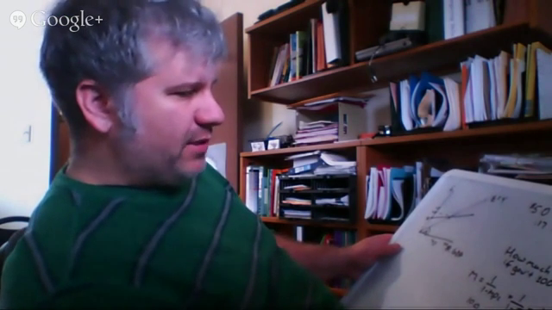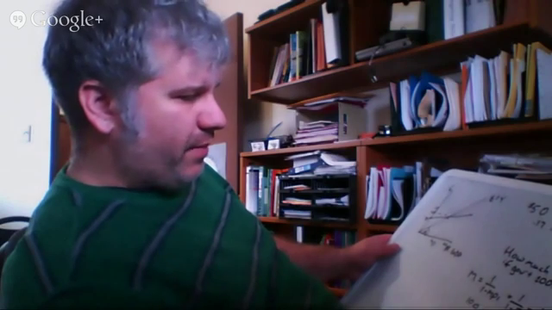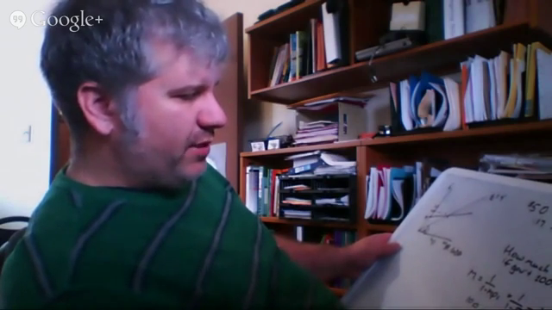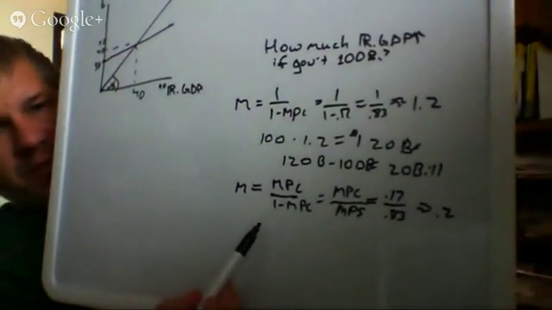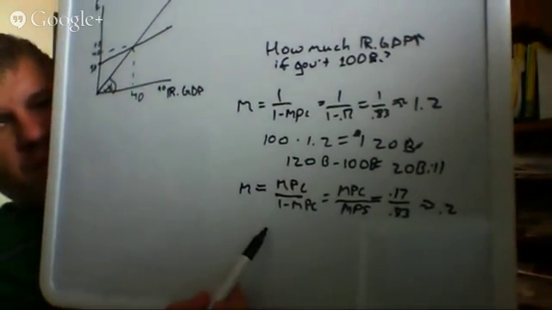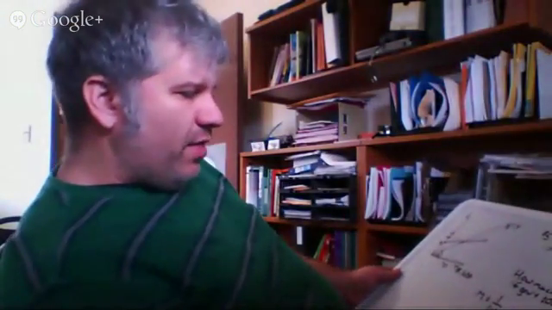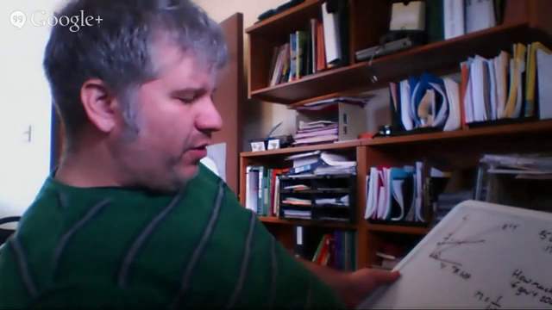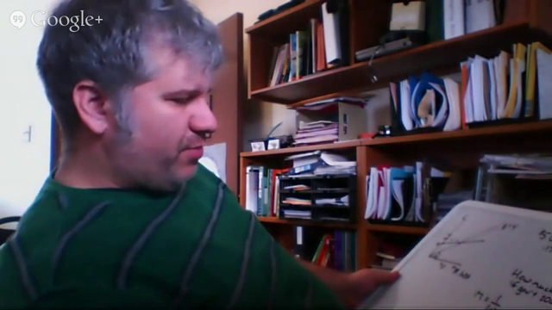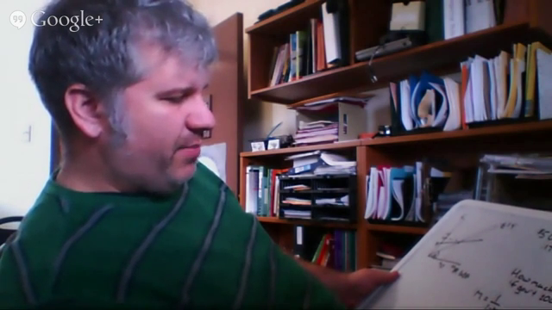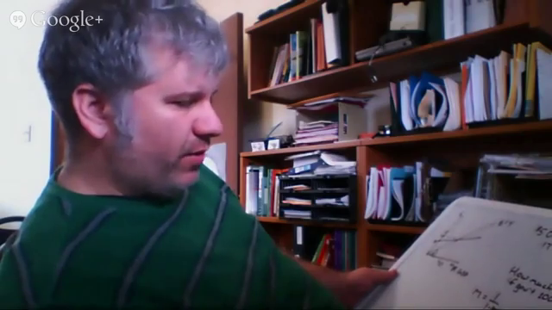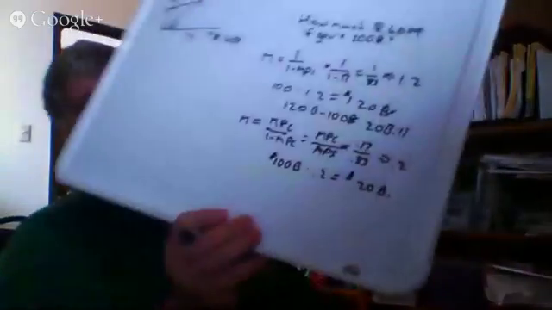That equals 0.17 over 0.83, which is approximately equal to 0.2. So that's the multiplier you should have used, MPC over 1 minus the MPC, the tax and transfer multiplier. Then 100 billion times 0.2 is equal right off the bat to $20 billion that the economy is able to grow, or real GDP is potentially able to grow.